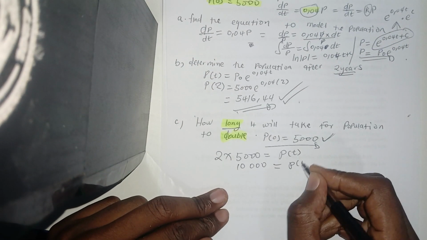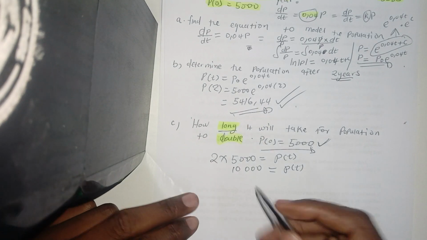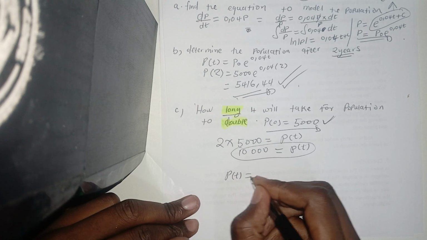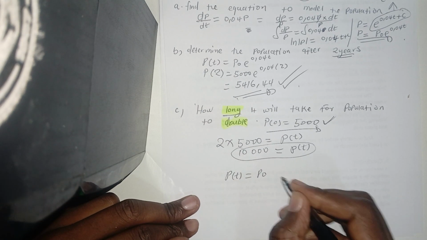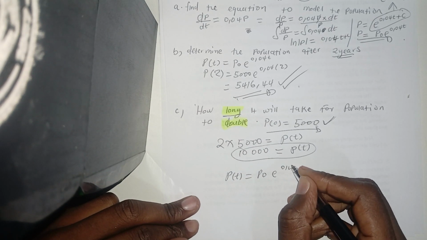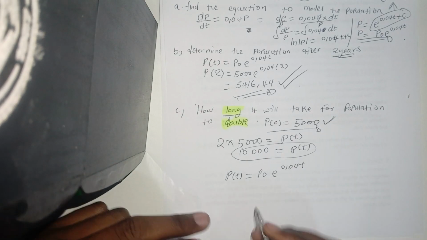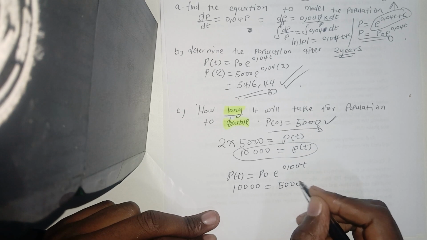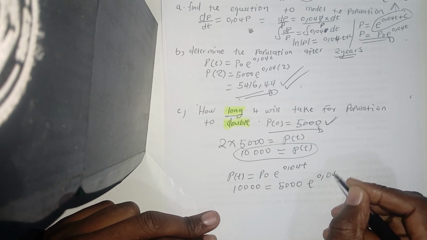This is our doubled population. So P(t) is equal to P0 e to the power 0.04 t, which gives 10,000 equals 5,000 e to the 0.04 t.